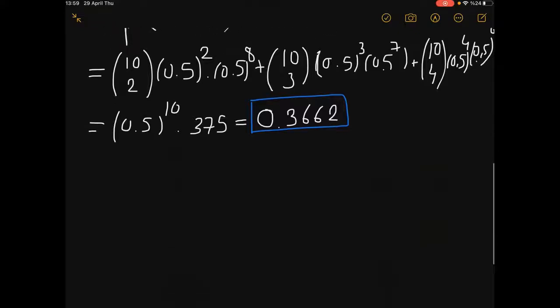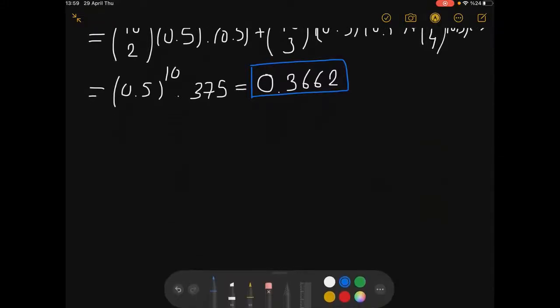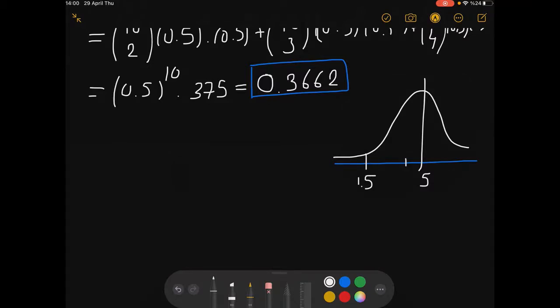Go ahead and calculate the area under that curve. So this is what we have here. This one is 5, and what you're dealing with here is from 1.5 to 4.5, and we're trying to calculate the area under this curve.